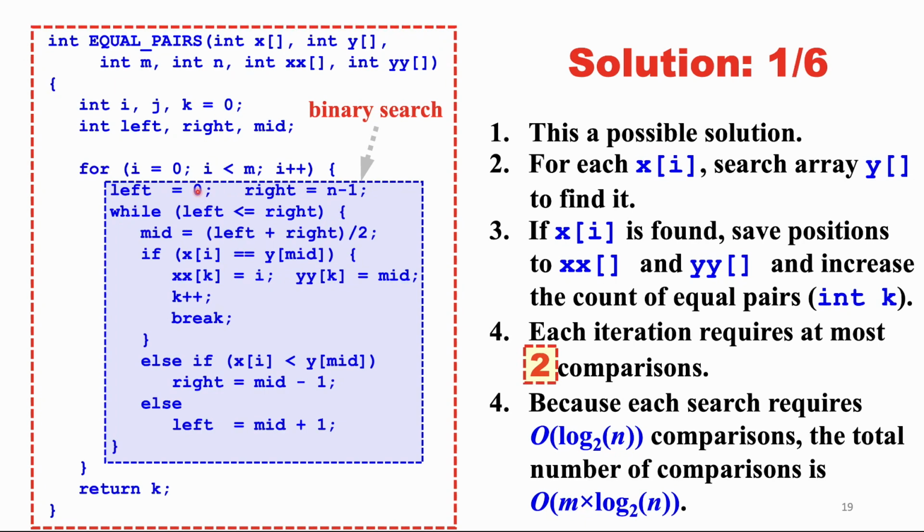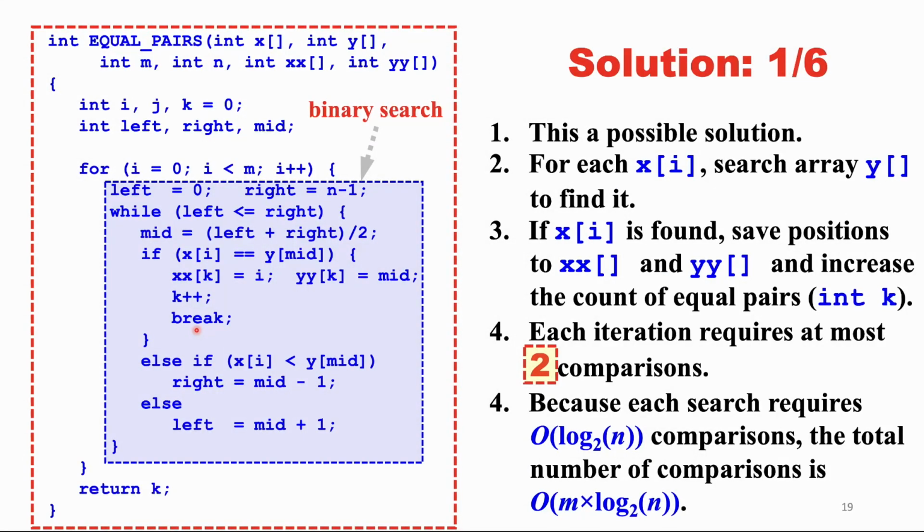The left initial is 0, the right is n minus 1. As long as left is less than or equal to right, compute the mid element. If it's found, then we record the y value and the location in Y, increase count by 1, and break.